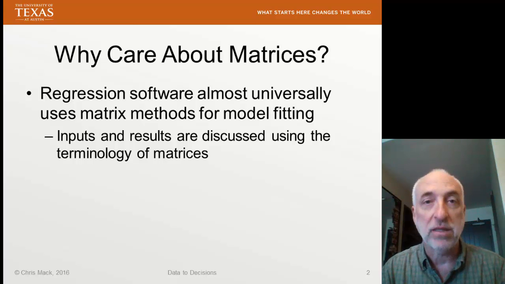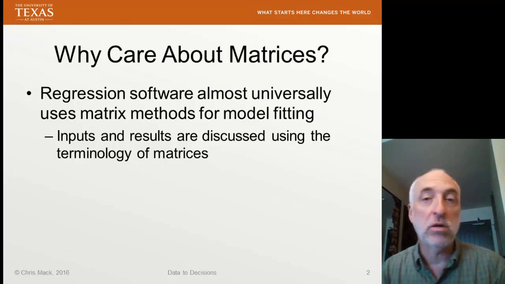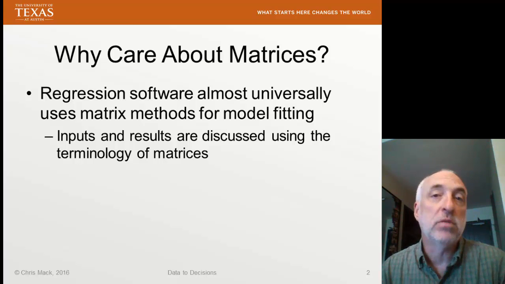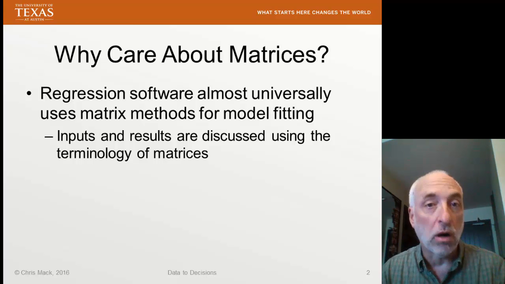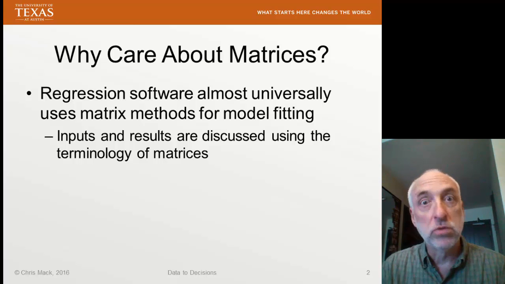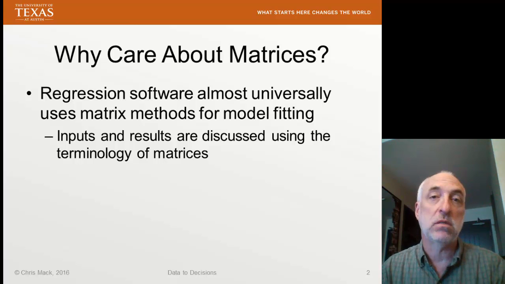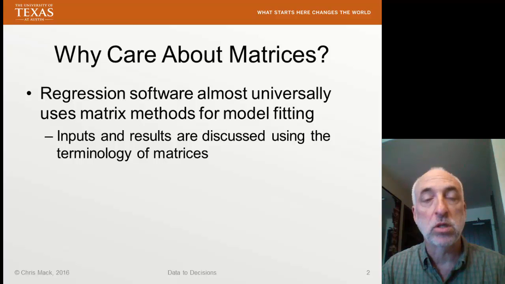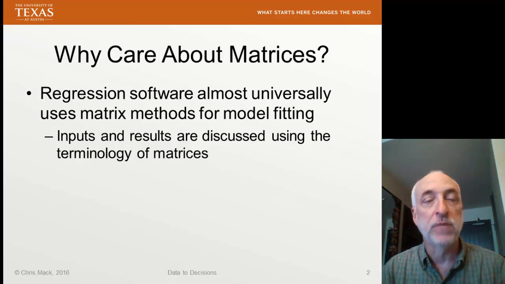We're not going to write everything that we do ourselves as some macro in Excel or write our own code. Instead, we'll probably end up using some commercial software or things like R to do some sophisticated regression analysis. And almost all of these regression programs use matrix methods, as we talked about in the last lecture.